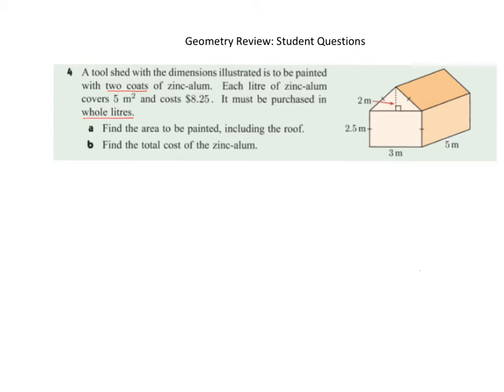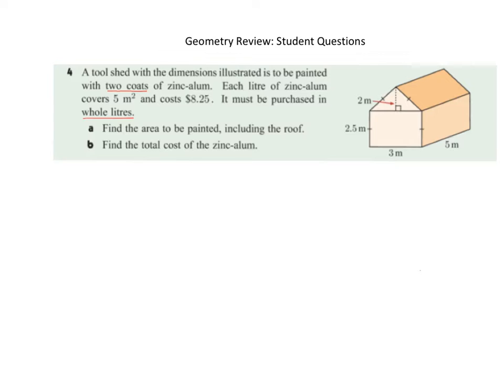So to get this question correct, of course, we're going to have to figure out how much paint we need. So we need to find the surface area of this figure, knowing, of course, that the base of the figure is going to be on the ground, and so that will not be painted.